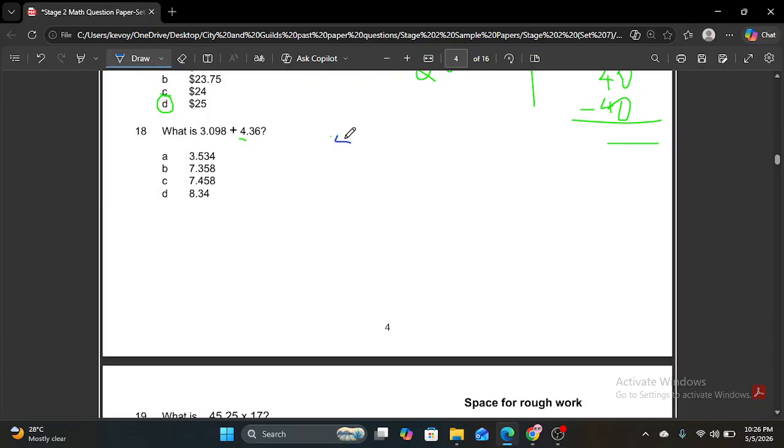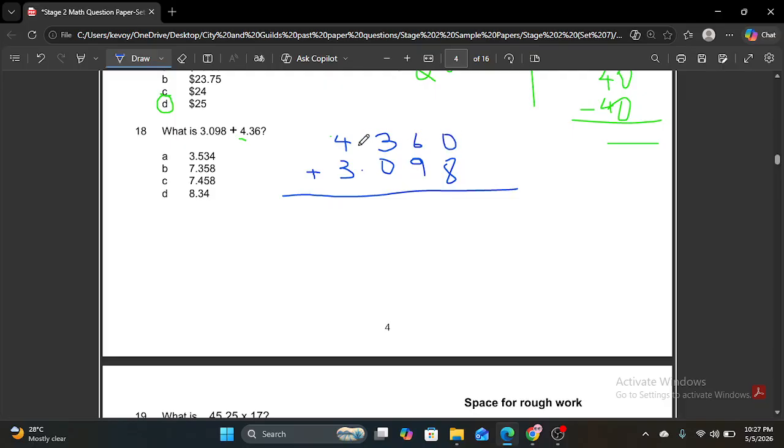So 4.36 plus 3.098. If you're wondering what happened to the zero, to the digit above the 8, just put a 0 as a placeholder.